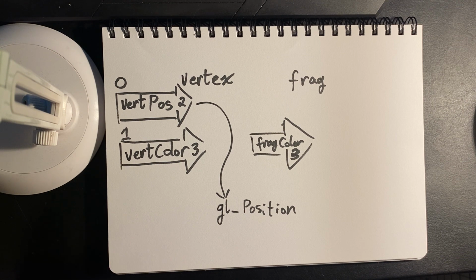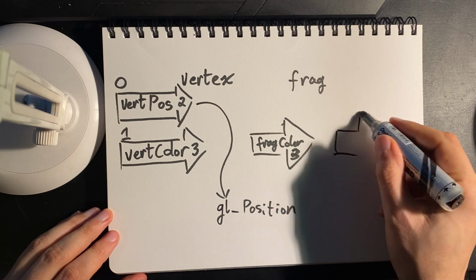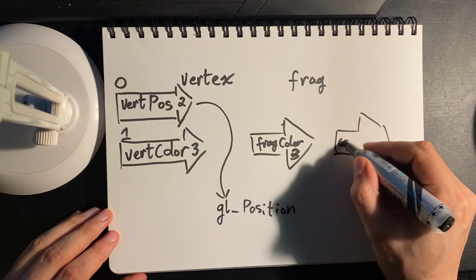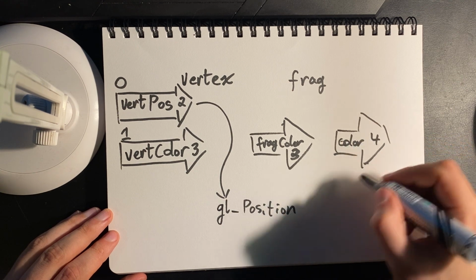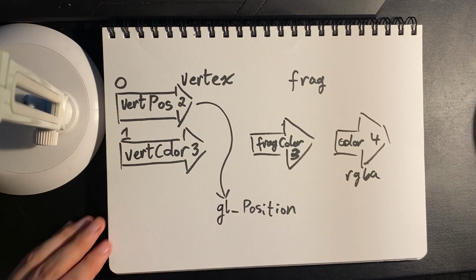It's a sort of funky thing, but there it is. And then we'll just have some sort of, I'll just call this color. And this is a vec4 because it'll be RGBA, and that'll get written to the screen.